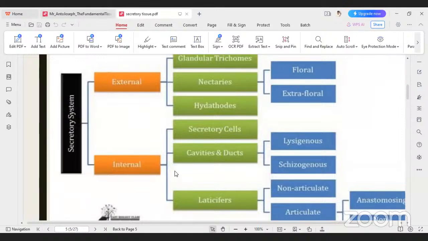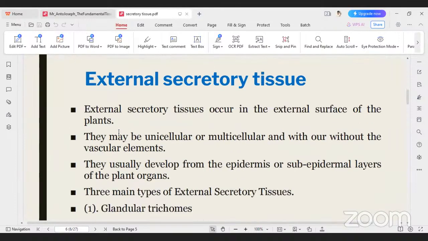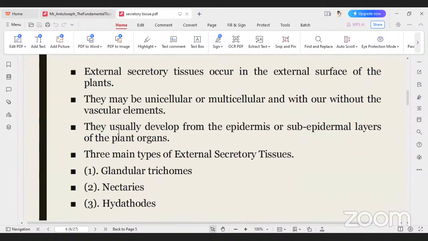Let's discuss one by one. First, external secretory tissues. In the external, the first one is glandular trichome. Before that, let me give a brief introduction about external secretory tissues, which occur on the external surface of plants. They may be unicellular or multicellular, with or without vascular elements.